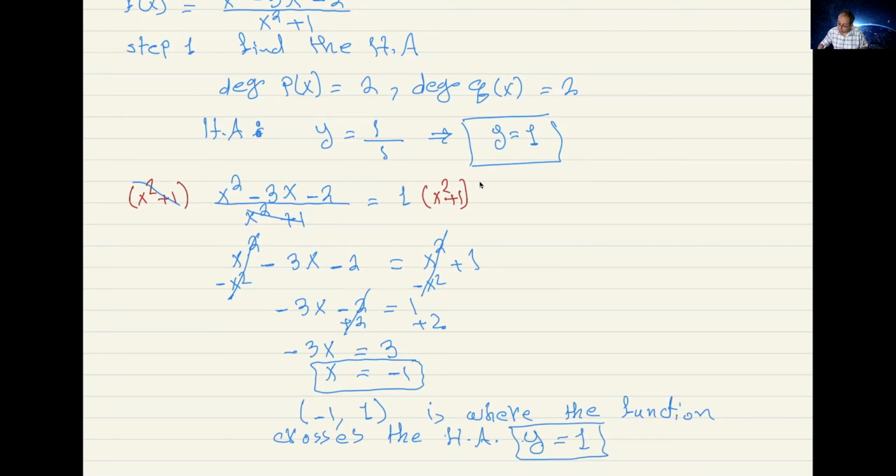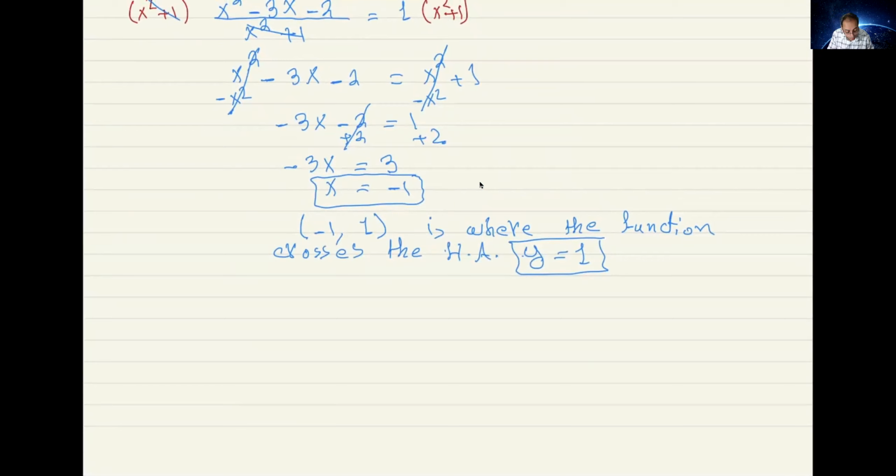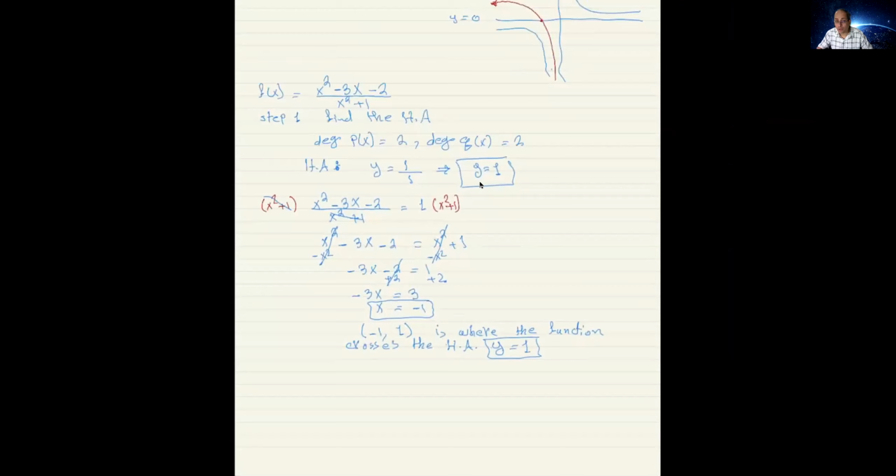Okay? So now this is how we test whether the function crosses the horizontal asymptote or not. Now, based on this step, we will learn how to graph the function.